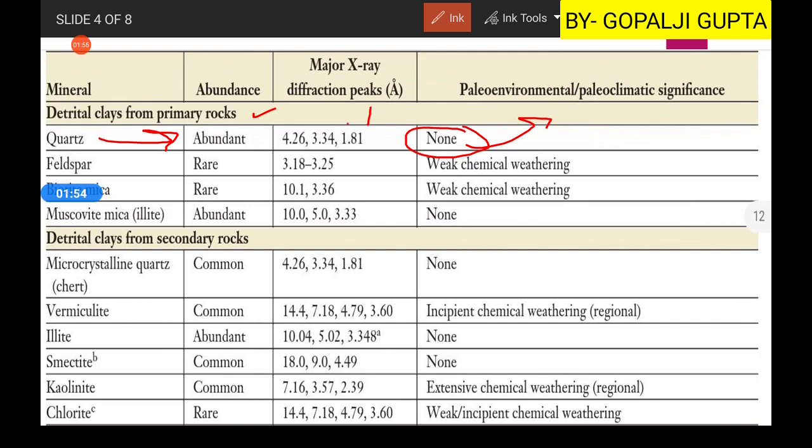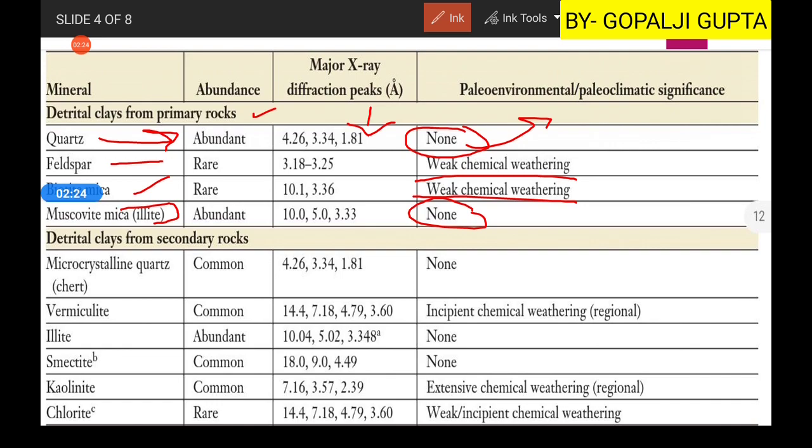Here are the major X-ray diffraction peaks, which are used for crystal or mineral identification. Second is feldspar. It is also rare and it shows weak chemical weathering. Same as the biotite mica, it also shows weak chemical weathering. And the muscovite mica shows no specific type of paleo environment condition.